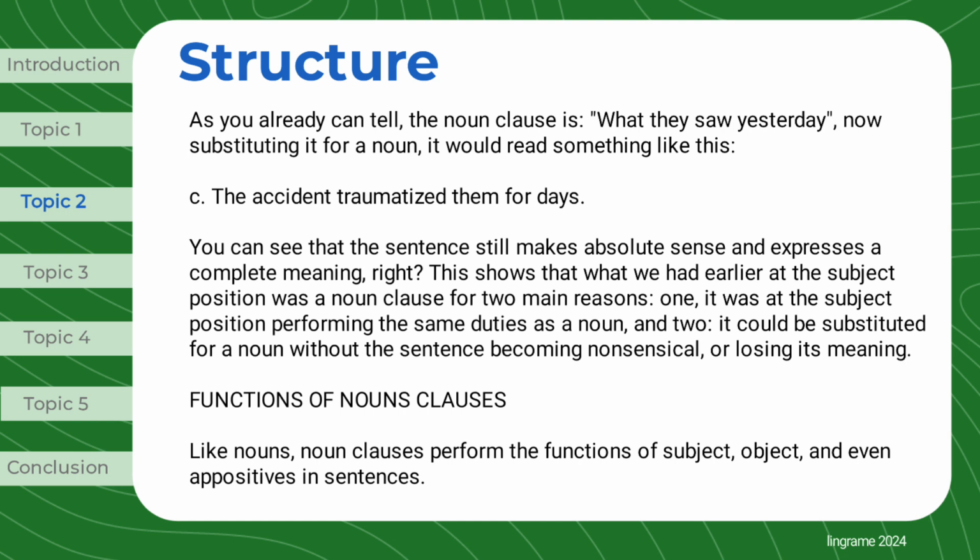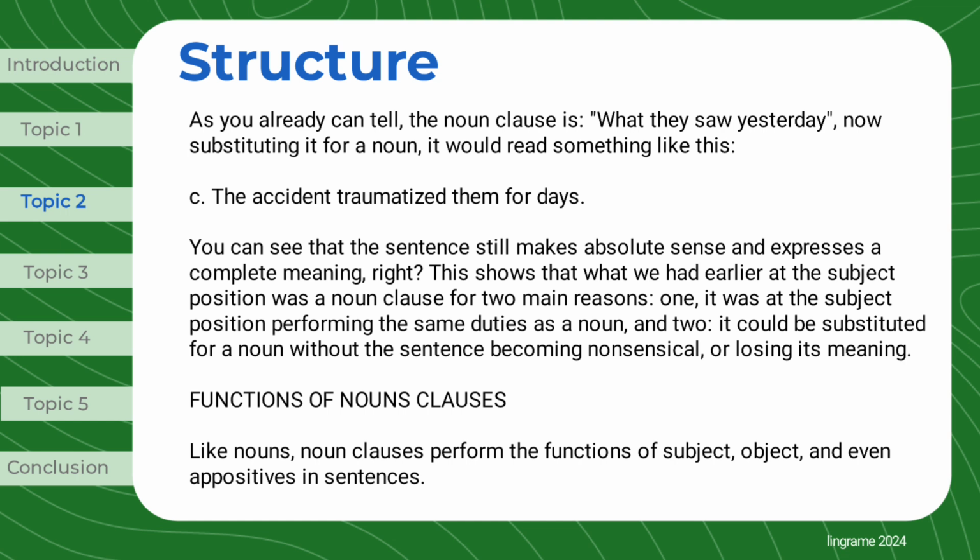You can see that the sentence still makes absolute sense and expresses a complete meaning, right? This shows that what we had earlier at the subject position was a noun clause for two main reasons. 1. It was at the subject position performing the same duties as a noun, and 2. It could be substituted for a noun without the sentence becoming nonsensical, or losing its meaning.